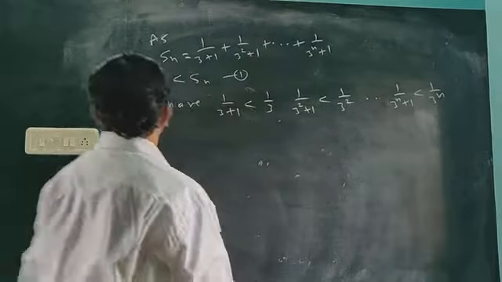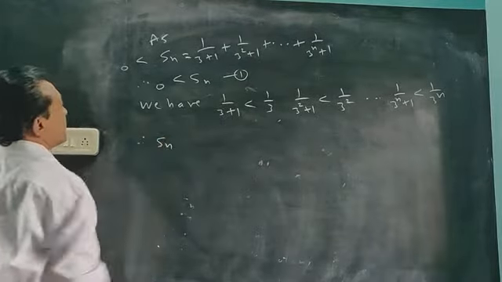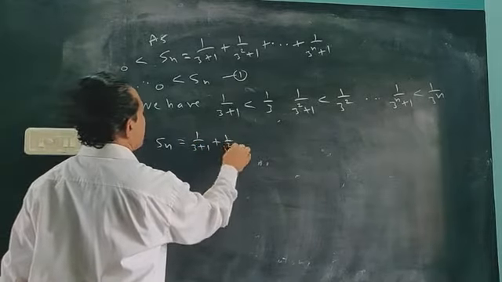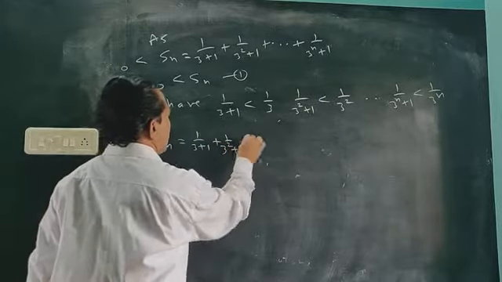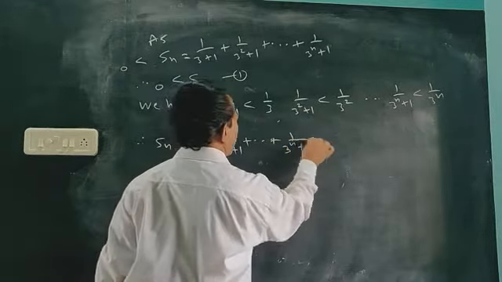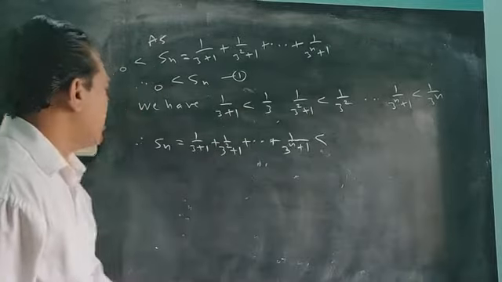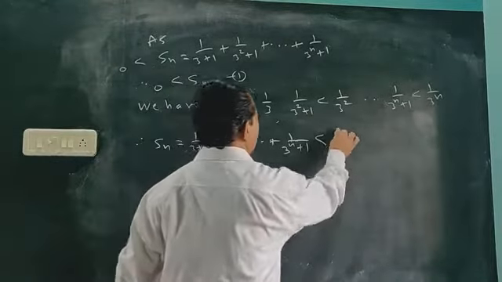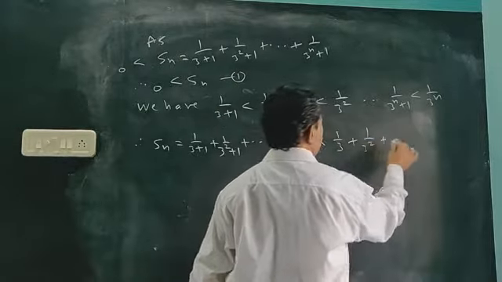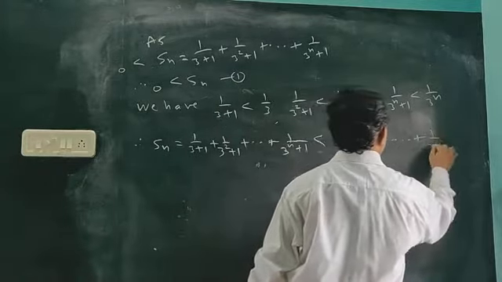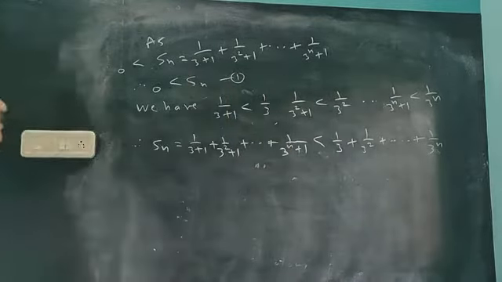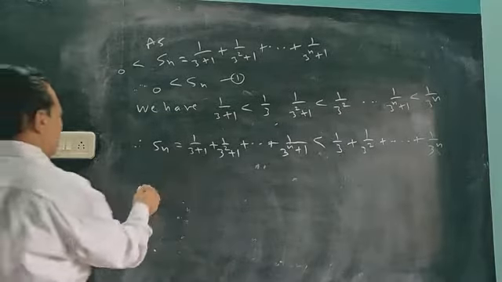So this Sn is less than bigger values: in place of this, 1 by 3, 1 by 3 square, and so on, 1 by 3 raised to power n. Okay, Sn will be less than this.